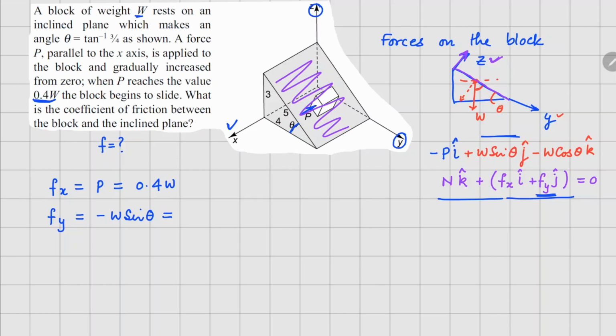Looking at this triangle, sine theta is 0.6, so this is minus 0.6 W. The last one, your k cap component, gives the value of normal reaction, which is W cos theta, and from the triangle this value is 0.8 W.